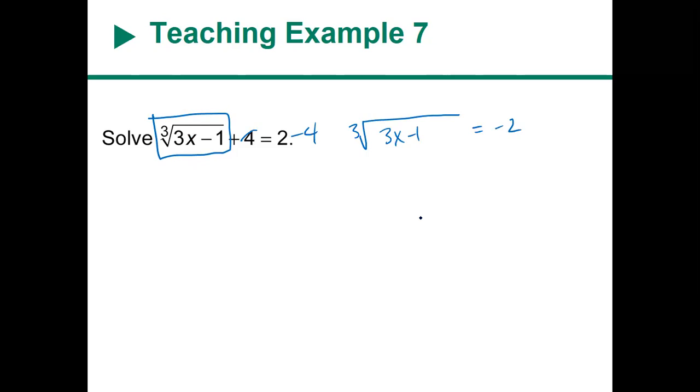All right, so then the power that I'm going to use is the third power. So that sets this free. 3x minus 1 equals -8. And just like good old algebra, add the 1, gives me 3x equals, divide by 3.